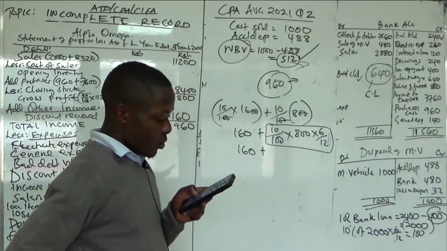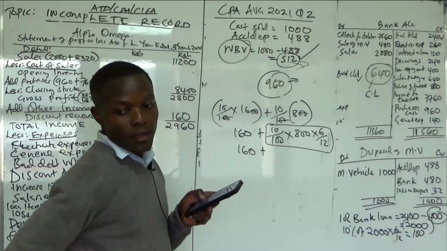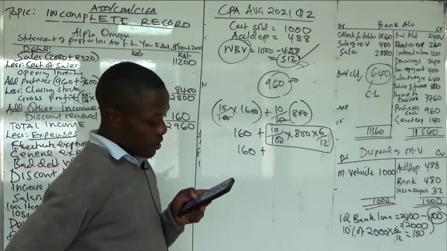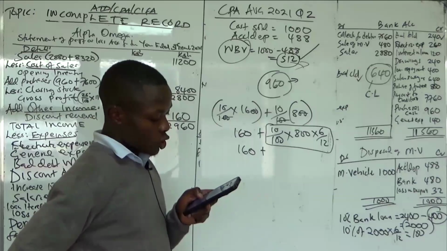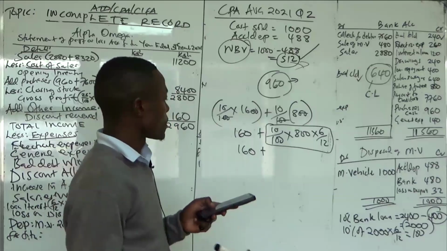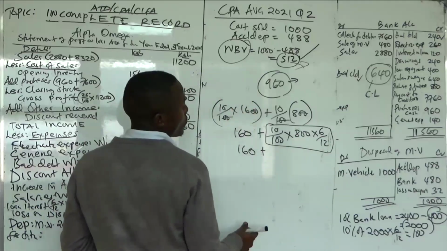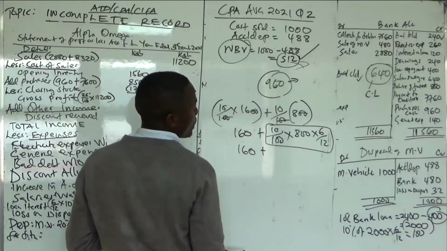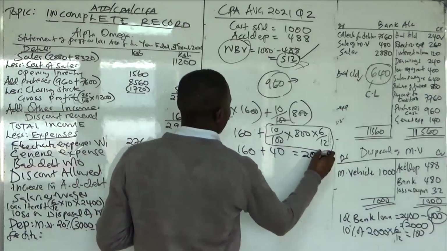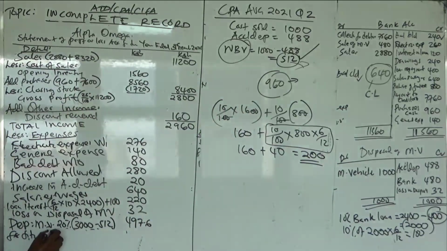While the cost held on 31st March 2021. Is it 7 months really? It is 6 months. How much do you get? 40. 40. Adding it is 200. 200. That is it. So it will be 160.